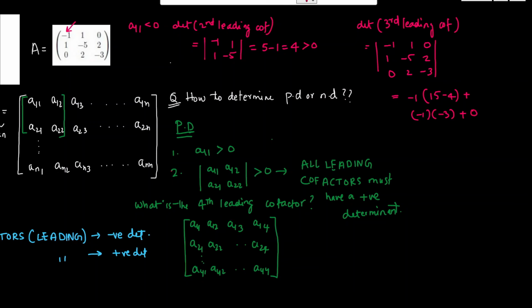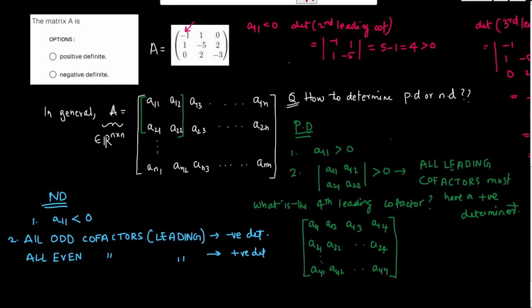So this would be nothing but 4 minus 15 plus 3, which is 7 minus 15, which is negative of 8. So again, this is negative. We can observe that the odd leading cofactors have negative determinant and the even leading cofactors have positive determinant. So this is the condition of negative definiteness, ND. So we can say that the given matrix is negative definite.